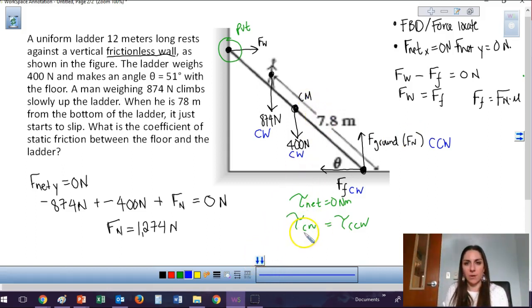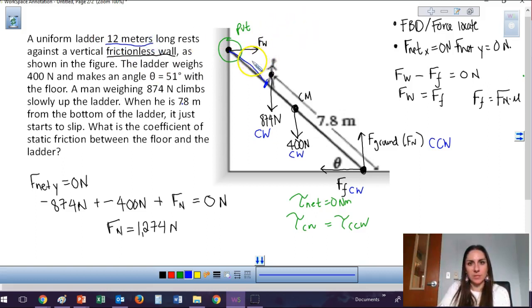So let's go with our clockwise forces. Now I need the distance from here to here. That's going to be my R for this force. Now this is 7.8 meters, and this whole thing is 12 meters.